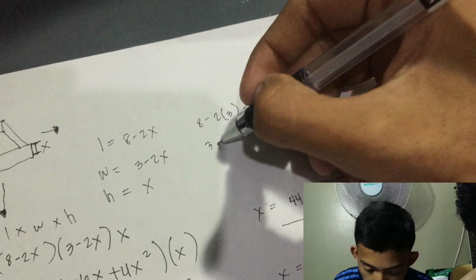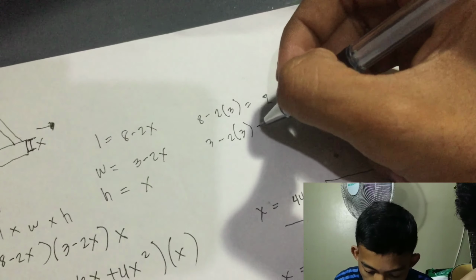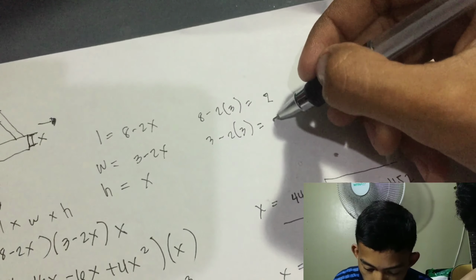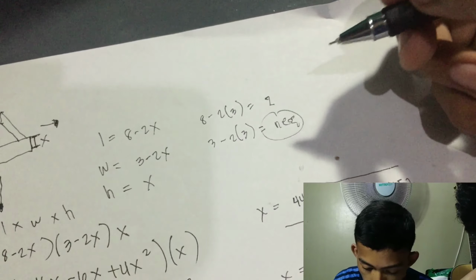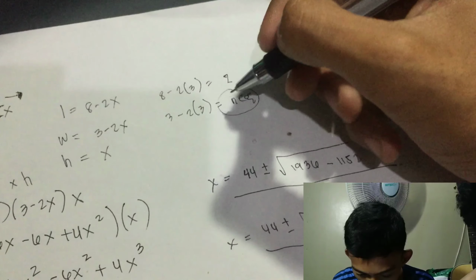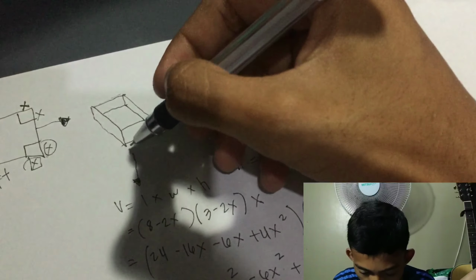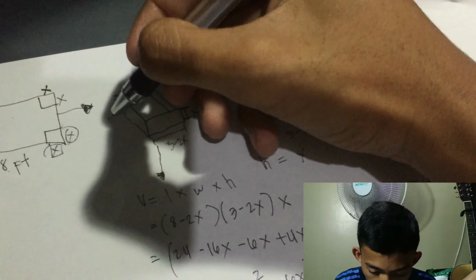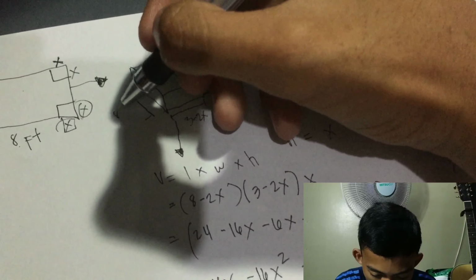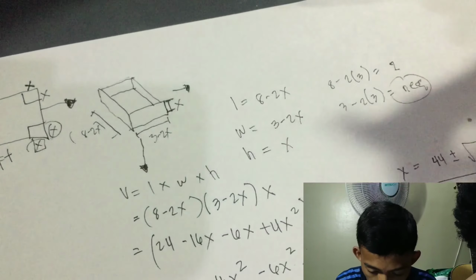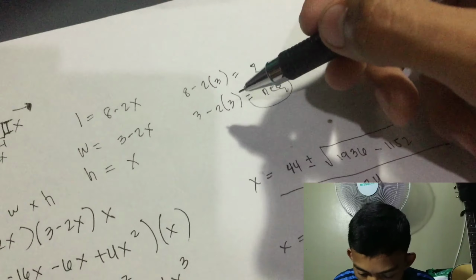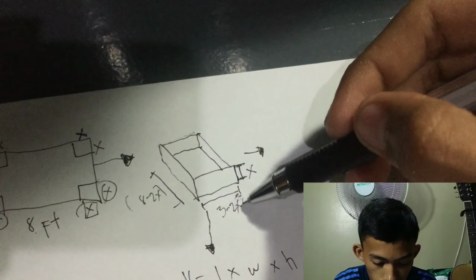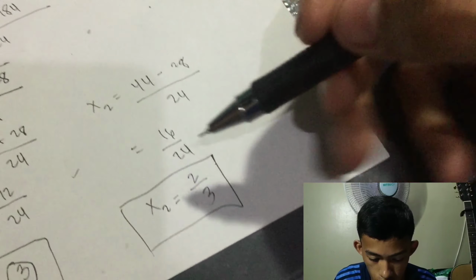Then 3 minus 2 times 3 will become negative. So if we substitute 3, our width will be negative. We will not be using 3 because this will become a negative distance. So we can use 2/3.